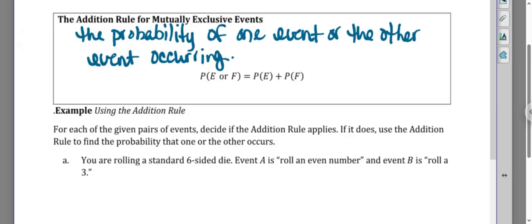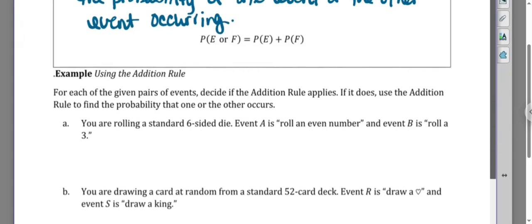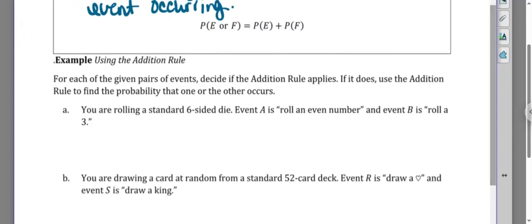So when that happens, we just add the two probabilities. They usually assign a letter to the events. So if this addition rule applies, meaning they are mutually exclusive, then we're going to figure the probability. If they are not, we're going to hold on that because we're going to adjust the formula a little bit.